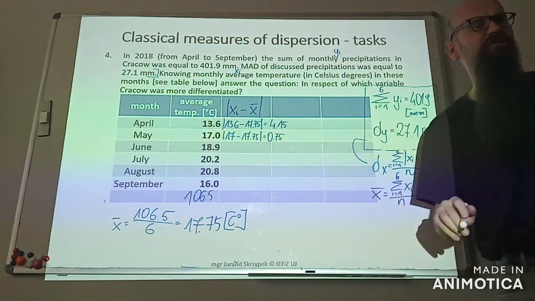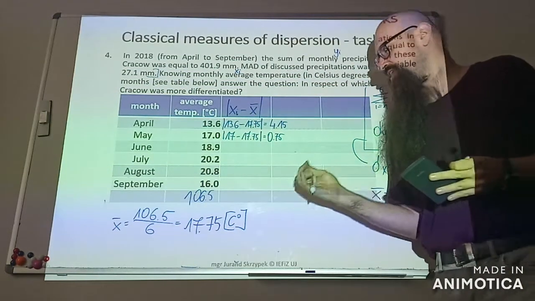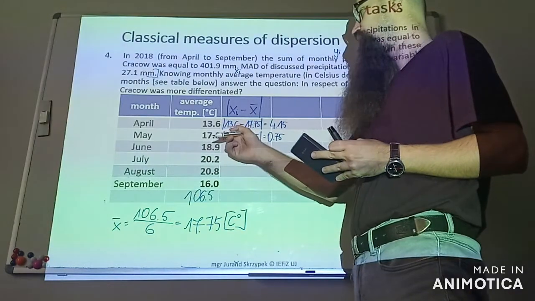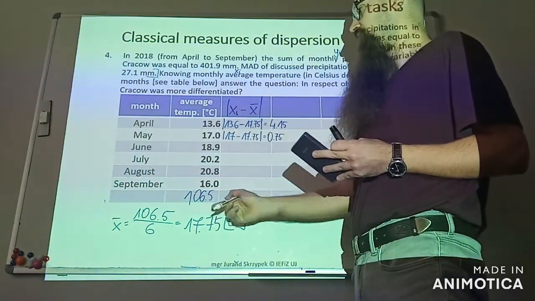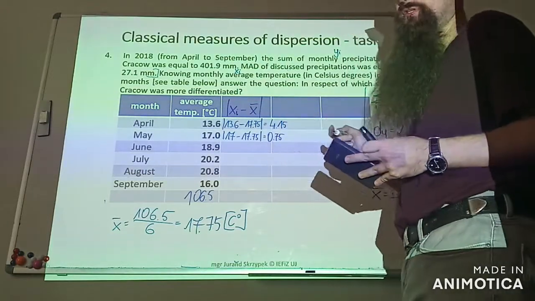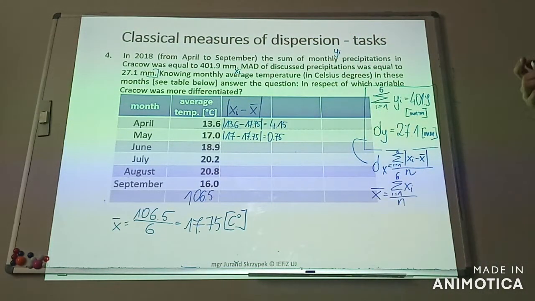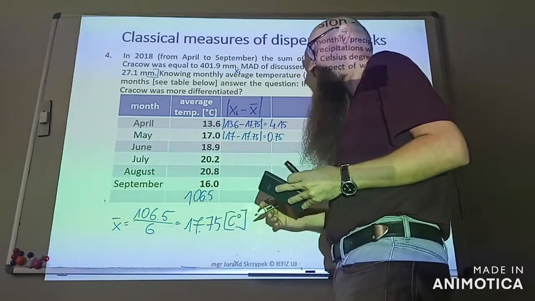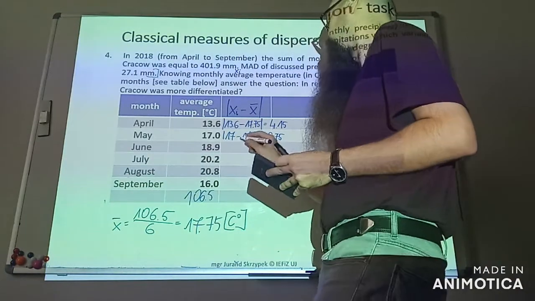So in that column, I'm trying to catch the distance between the variable values and the arithmetic mean for each value of the considered variable.